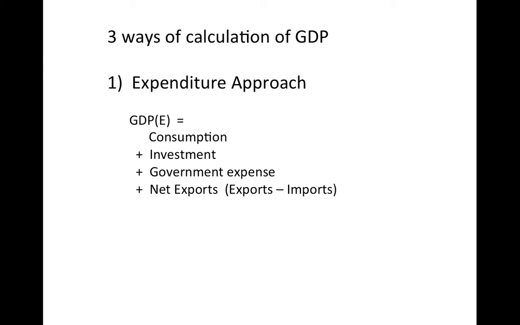Government expense means spendings of government. It includes salaries of public servants or new constructions, etc. Net exports means gross exports of the nation minus gross imports of the nation. All goods and services that are exported to other nations minus all goods and services that are imported from other nations.